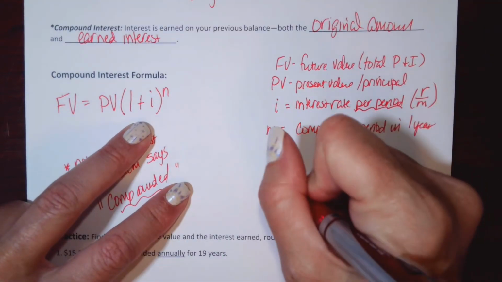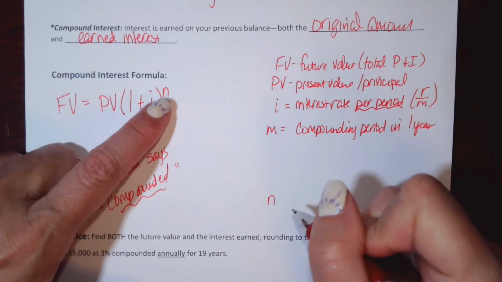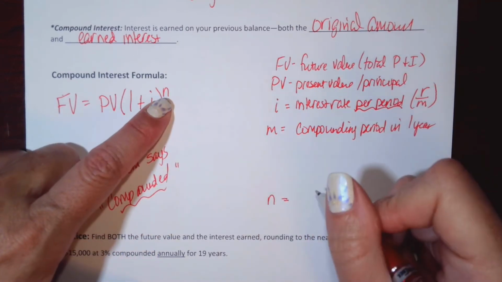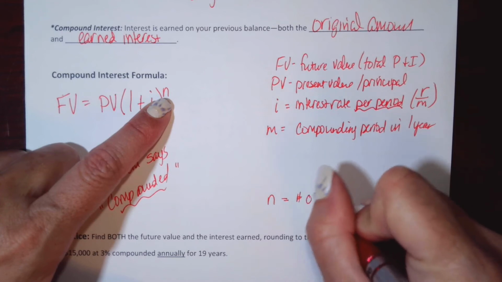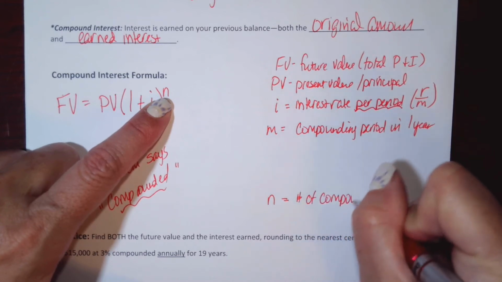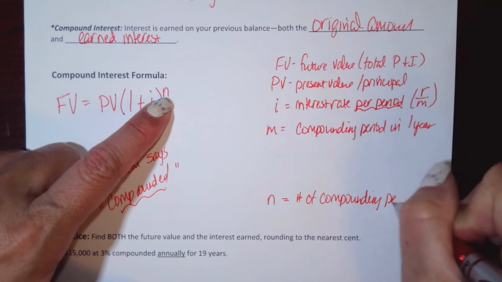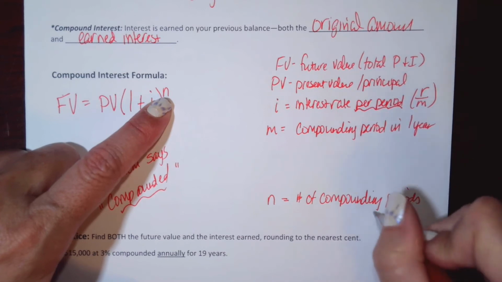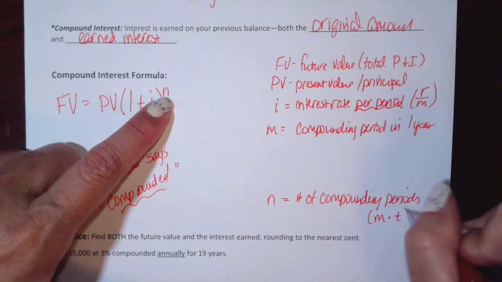And then n, this exponent here, is the number of compounding periods. So we're going to take m times t.